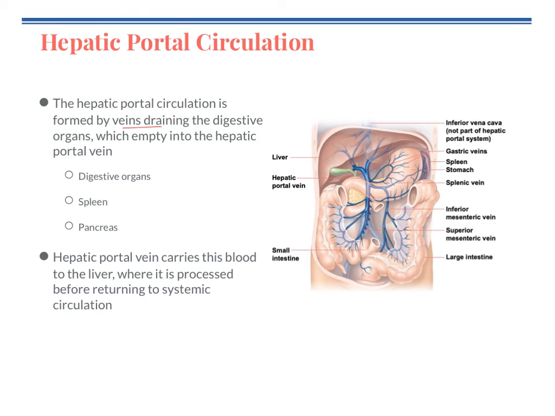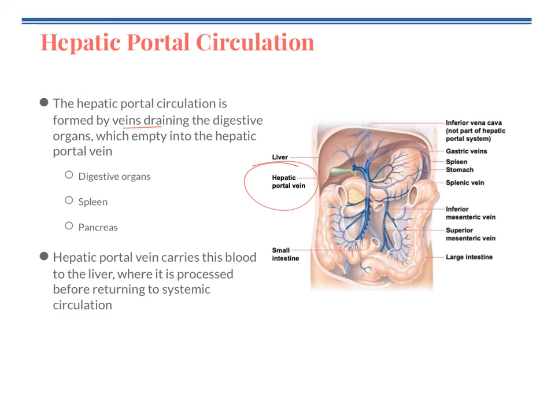It's known as the hepatic portal circulation because all of those digestive organs are meeting at this hepatic portal vein and all draining into that one big hepatic portal vein that you see there in that diagram. So the digestive organs are draining into here, the spleen, the pancreas, and then the hepatic portal vein carries that blood to the liver. And that's where it's processed and toxins are removed before returning back to circulation.